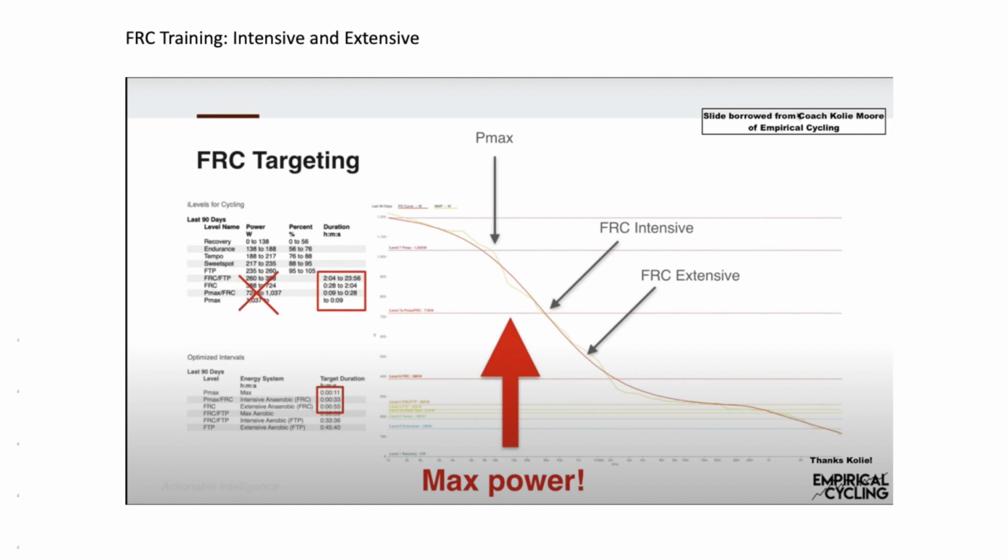But in general, these are all out. Don't overthink it. You just go super hard. The extensive, these are the long sprints. Here is where I will individualize some power for that. Coley may not, but in general, for your FRC intensive, not prescribing power, you're just going all out. FRC extensive, we'll get a little bit more descriptive.